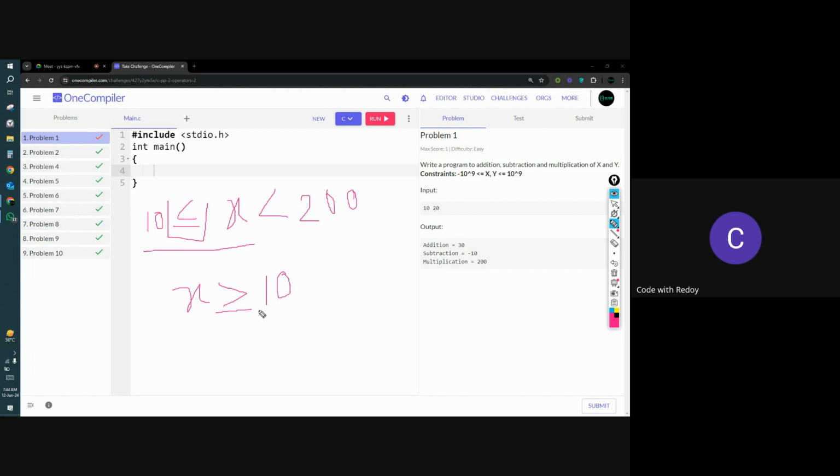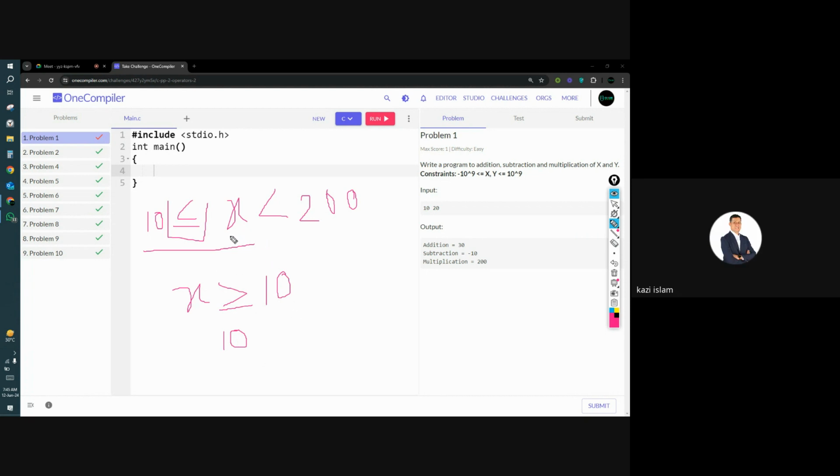The user can put 10 for x also. Previously, we saw that x must be greater than 10. But in this case, the value of x can be 10. Did you understand? Yes.